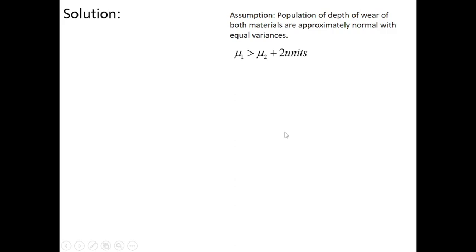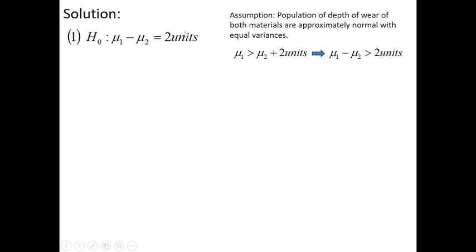So, solution to the problem. Mu sub 1 is greater than mu sub 2 plus 2 units. We can rewrite this as mu sub 1 minus mu sub 2 greater than 2 units. And we can now state our null hypothesis. Take note, when we construct the null hypothesis, we always use the equal sign. So in this case, the greater than symbol will be replaced by the equal sign.